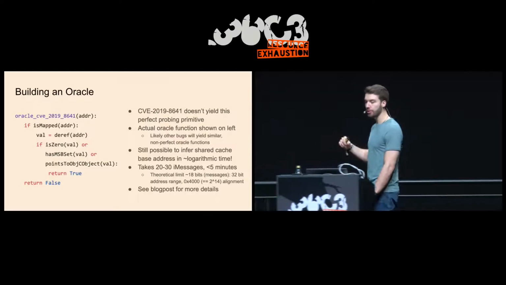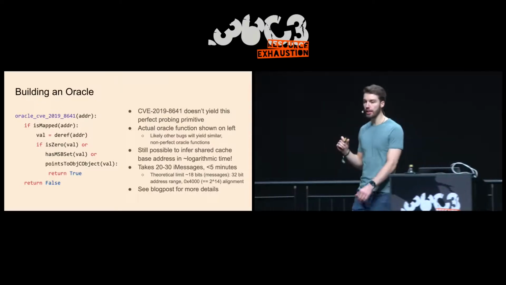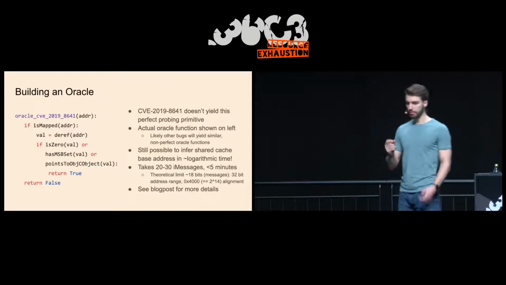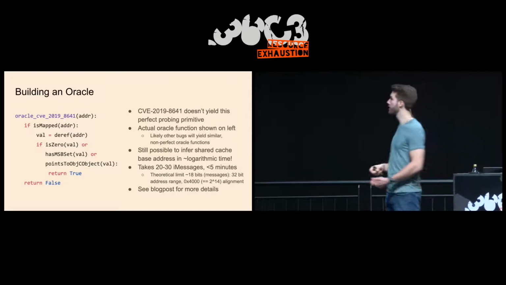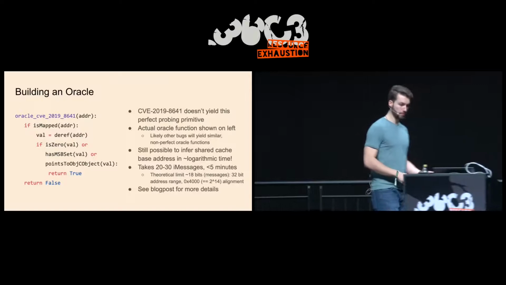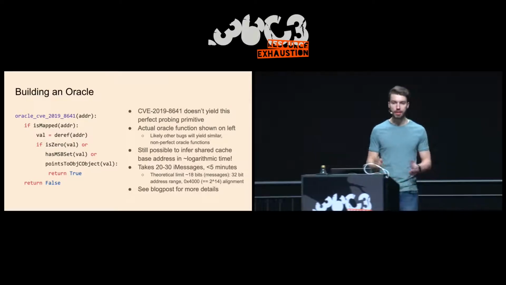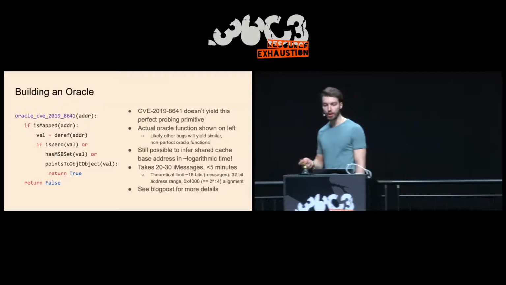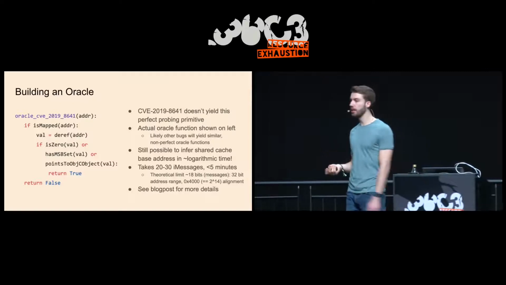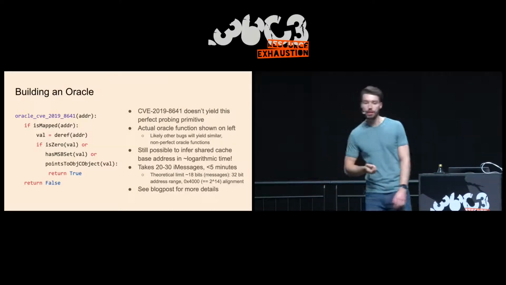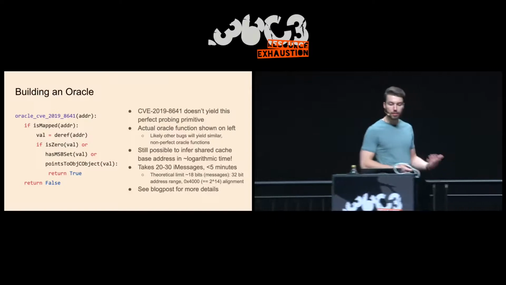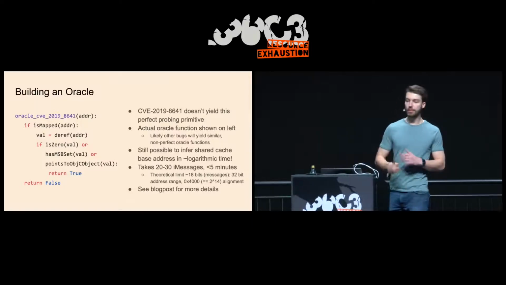But then it's also using the value that it's reading. And so it will only not crash if the value is either 0 or if it has the most significant bit set, that is some pointer tagging stuff, or if it's a real legitimate pointer to an Objective-C object. So this oracle function is a bit more complex, but the similar idea still works.